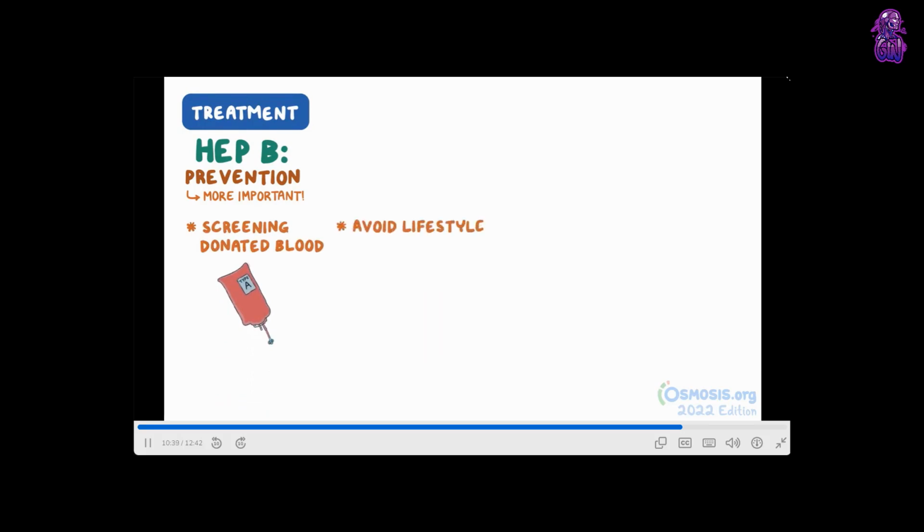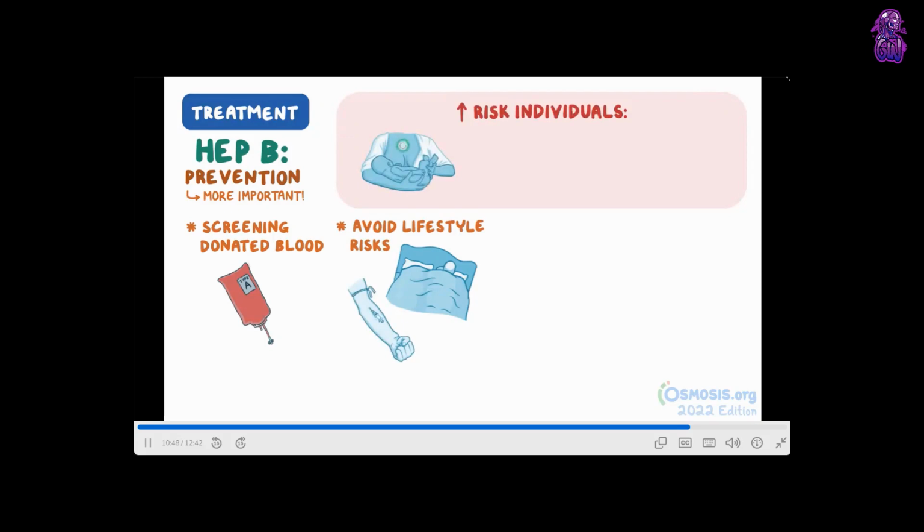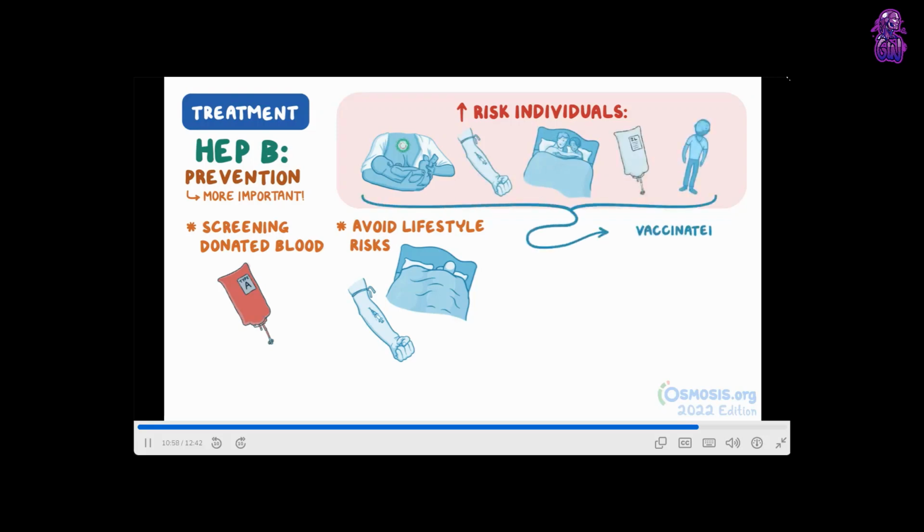Individuals can avoid a lifestyle that puts them at risk of infection, like unprotected sex and the use of intravenous drugs. Finally, high-risk individuals like babies of mothers with chronic hepatitis B, intravenous drug users, people who have multiple sex partners, individuals on dialysis, healthcare providers, and so on, can be vaccinated against the disease. However, if the individual is exposed to the virus, hepatitis B immune globulin can be given within a week after exposure to prevent the disease.